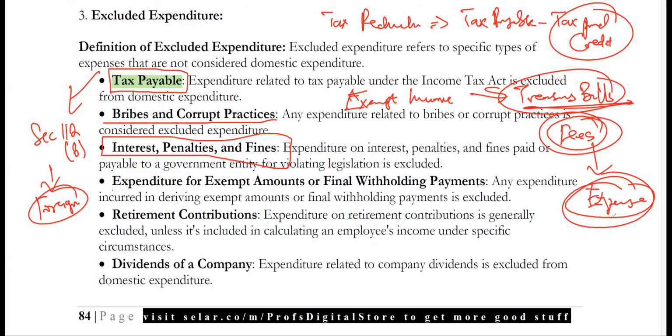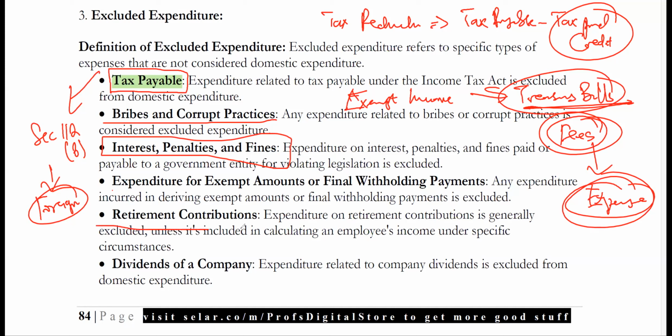Do you get my point, or it's not clear? Loud and clear. So any income that is exempt or that is final withholding, any expense in connection with that income should not hit your account, because the income itself was exempt or the income didn't hit your account. So why should its corresponding expense also hit your account? It doesn't work like that, right?